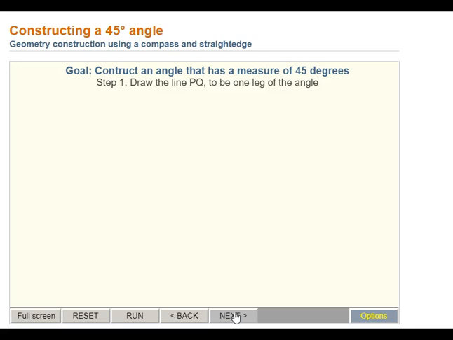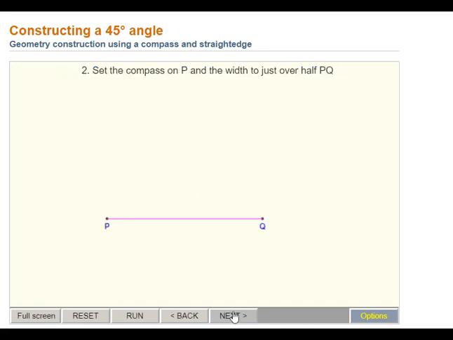Step 1, draw the line PQ to be one leg of the angle. Set the compass on point P. Let me go back there, we lost a piece.